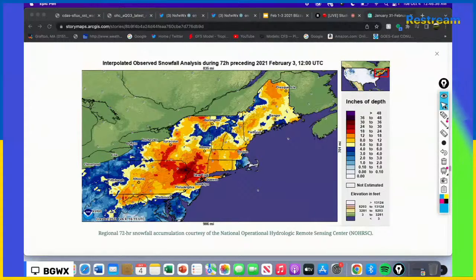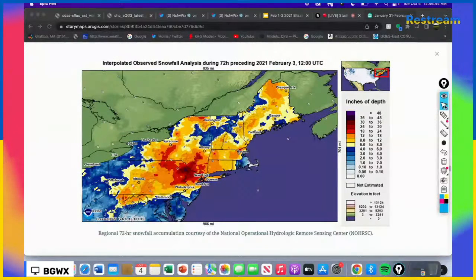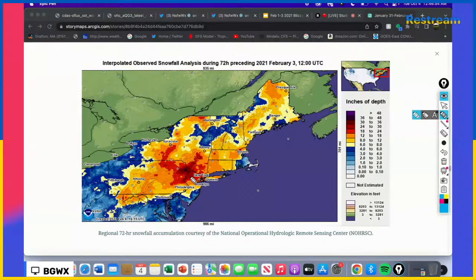The last storm, earlier that winter, was a big time deformation band. It was a little bit different. It was more than just a big time deformation band, with waves of moisture that were pumped down and a lot more meso banding.